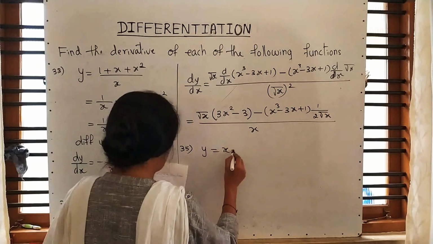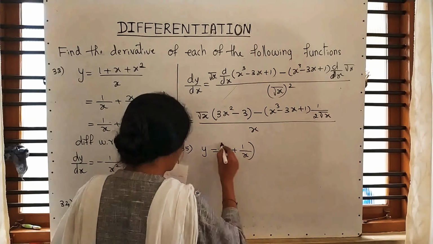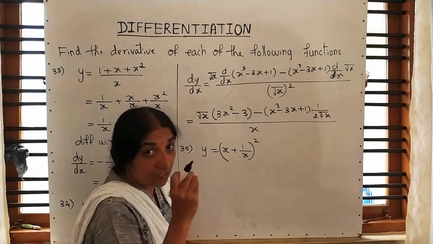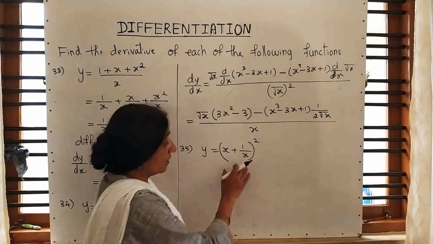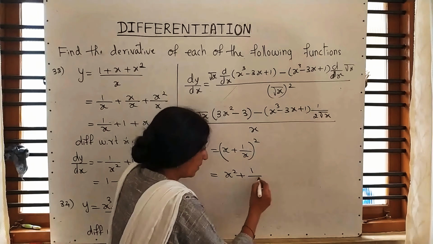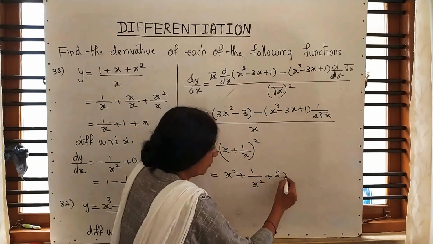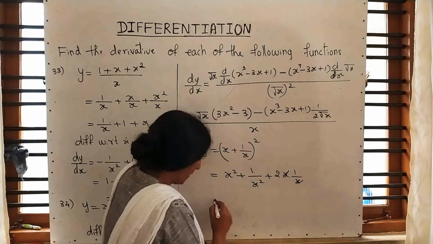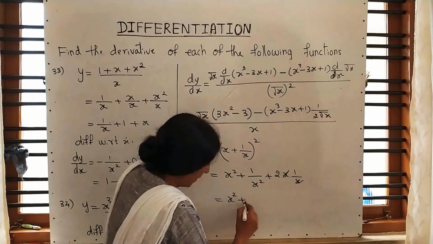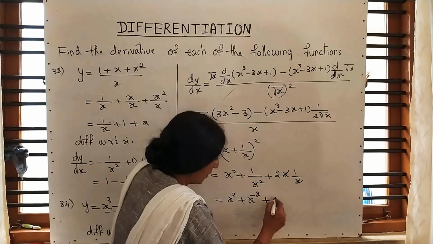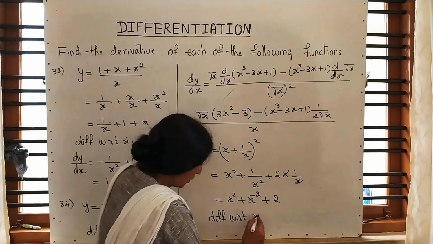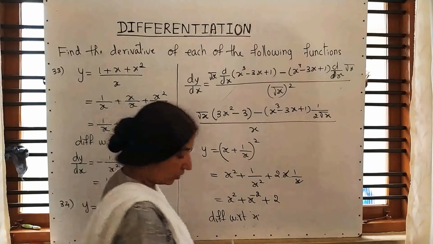Y is equal to x plus 1 by x whole square. See, whatever is the power, if you are thorough with the chain rule, still we have not started the chain rule. That's why I am not explaining the chain rule. First I will apply a plus b whole square, a square plus b square plus 2ab. Here x and 1 by x get cancelled. x square I kept as it is. 1 by x square will be written as x to the power minus 2, and plus 2. Differentiate this. Remember, the same question I will explain when we start the chain rule.